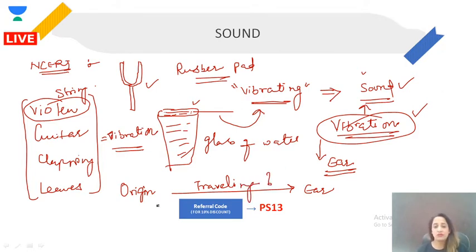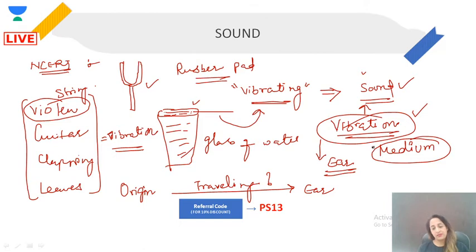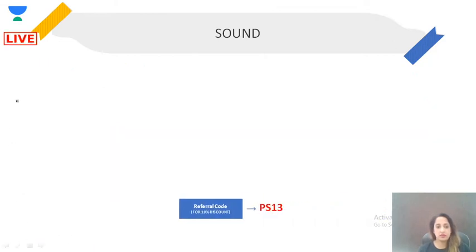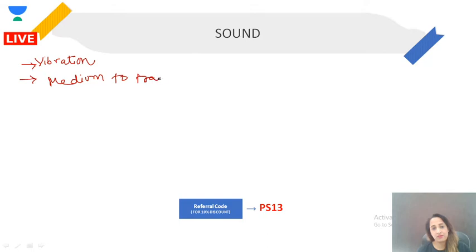So now there comes another point, and that is after vibration, sound needs a medium to travel. Sound waves need a medium to travel. So we have learned 2 points so far. One is sound is produced when there is vibration, and the second is sound needs a medium to travel.